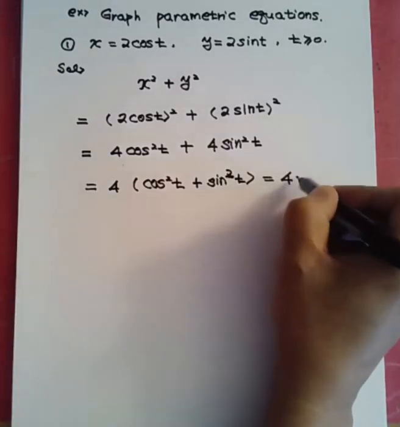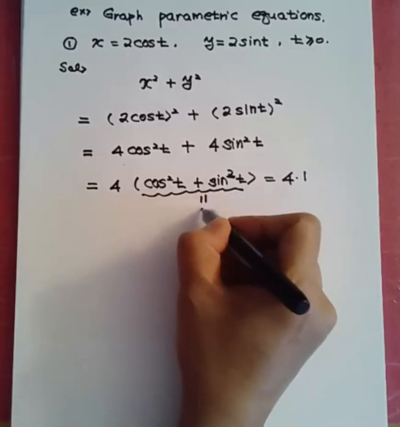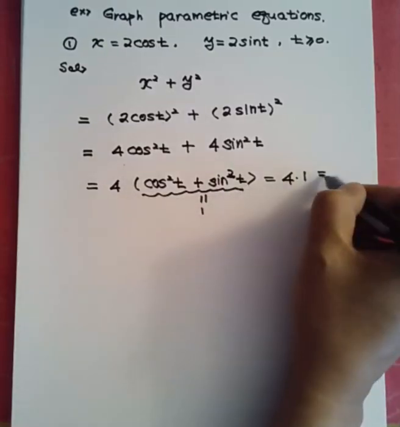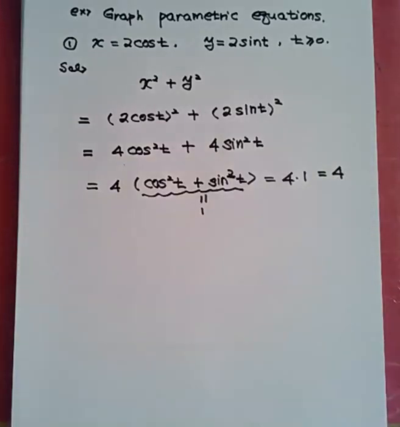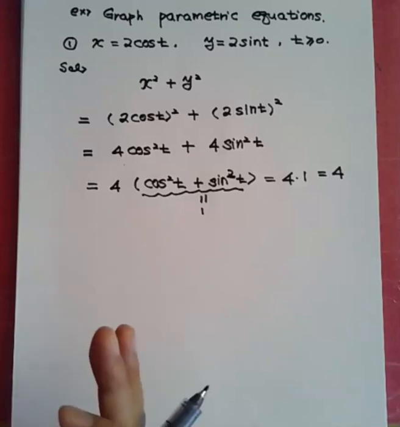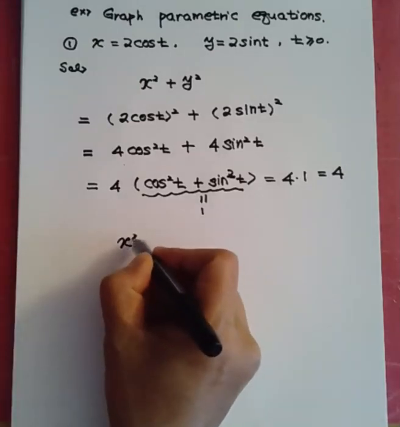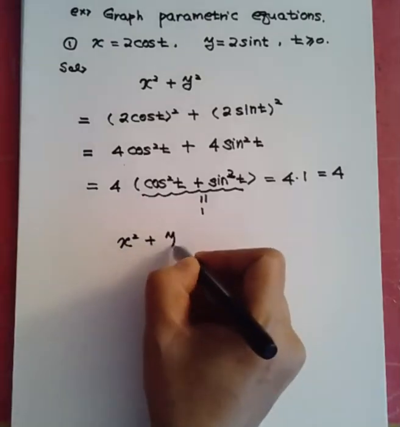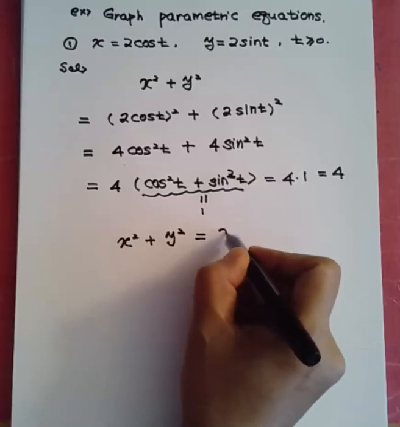That is 4 times 1 by the Pythagorean identity. This part is 1, so this is 4. When we combine the two parametric equations, we get the rectangular equation x squared plus y squared equals 4, which is 2 squared.